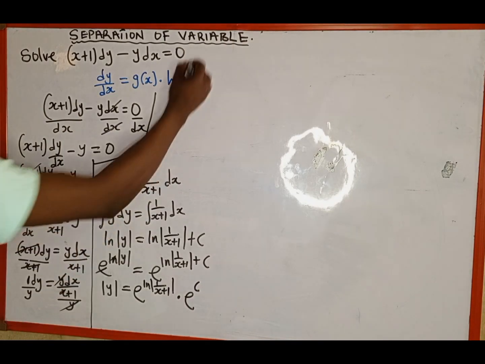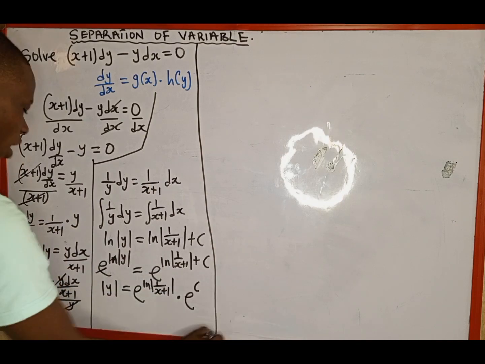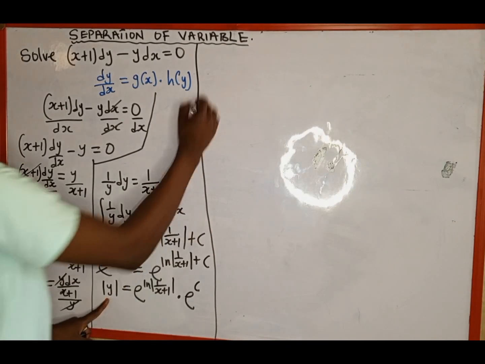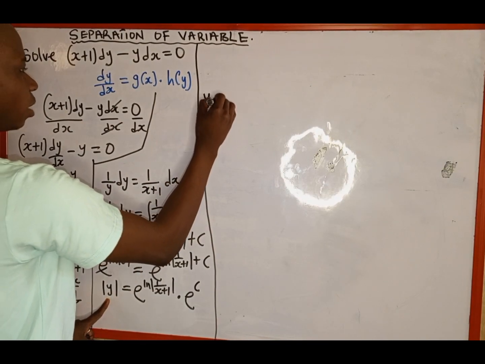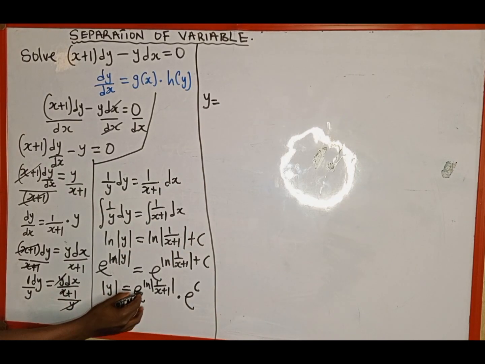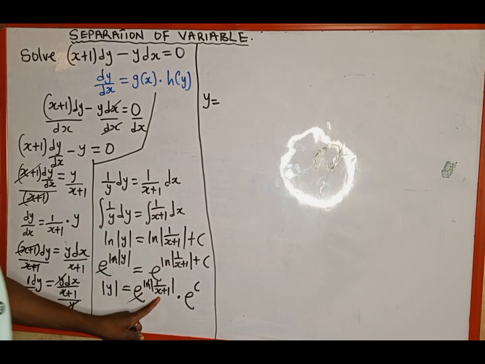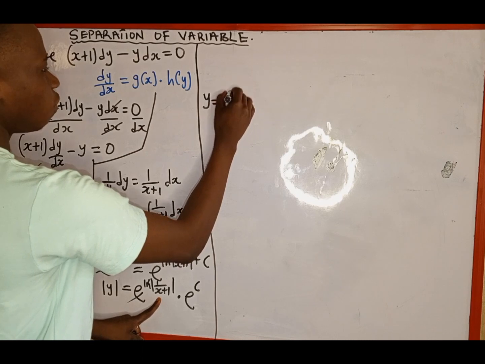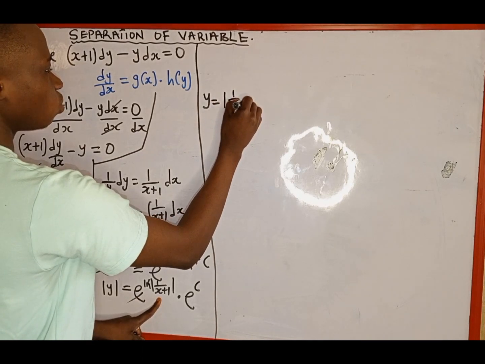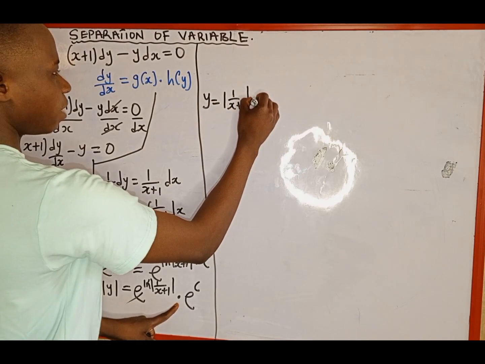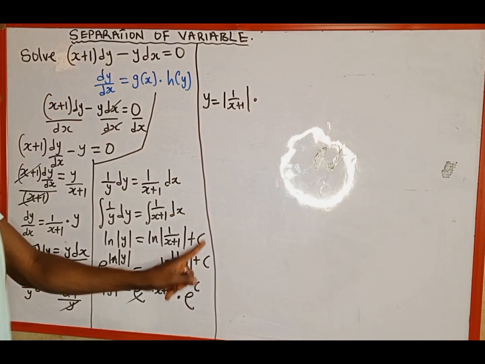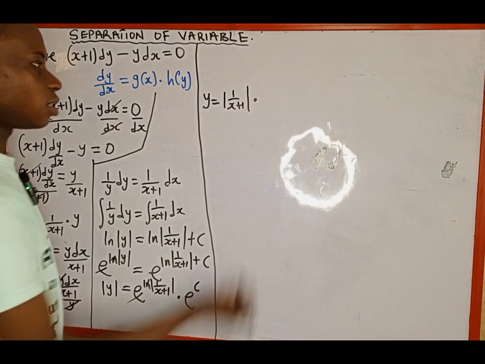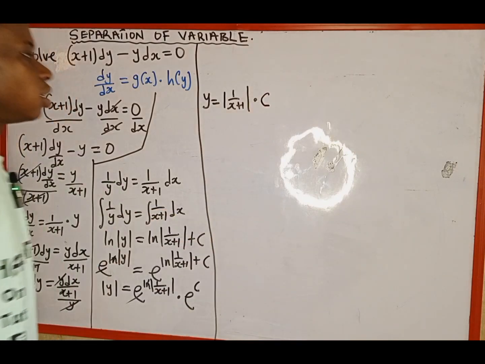So in this case, we are going to have the absolute value of y, which is equal to, exponential cancels ln, so we are left with the absolute value of x plus 1, multiplied by exponential raised to the constant, which is still a constant. So multiply by a constant.